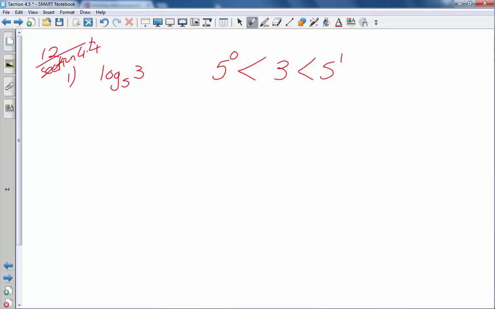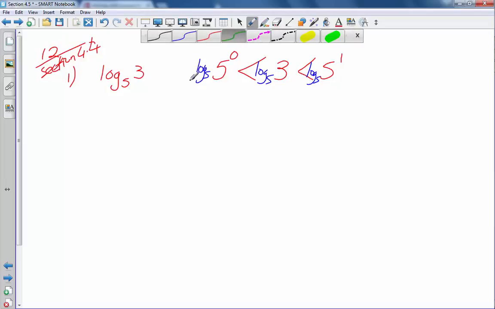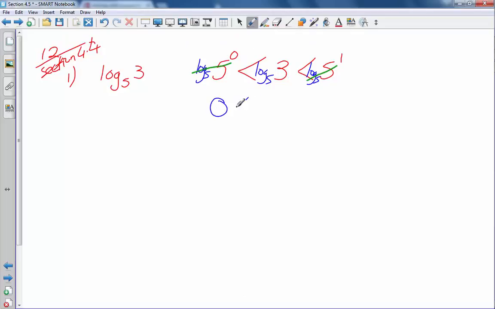Then I took the logarithm of all three sides, and picking this base 5 is now going to pay off because these will cancel out. We just discovered in part 1 that log 5 of 3 is between 0 and 1. So this was part 1.